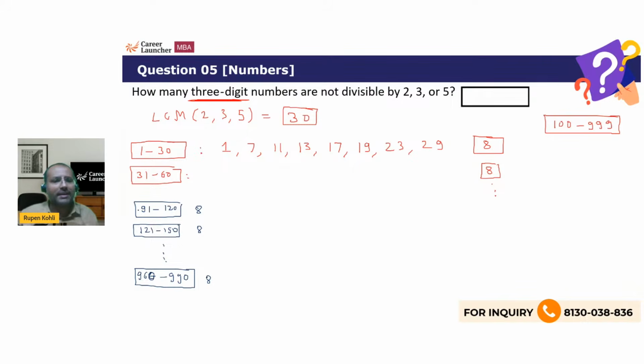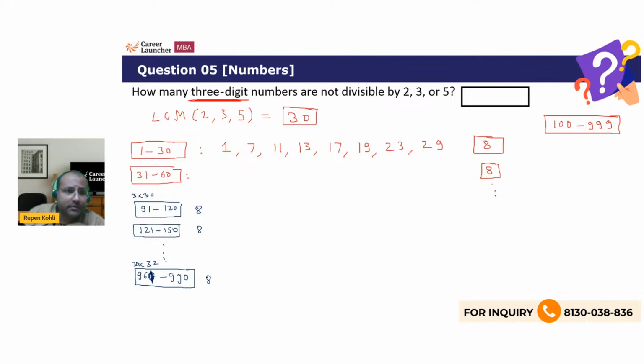First of all, how many of these groups do we have? This is starting from 3 into 30, 90, and going to 30 into 32, 960 to 990.